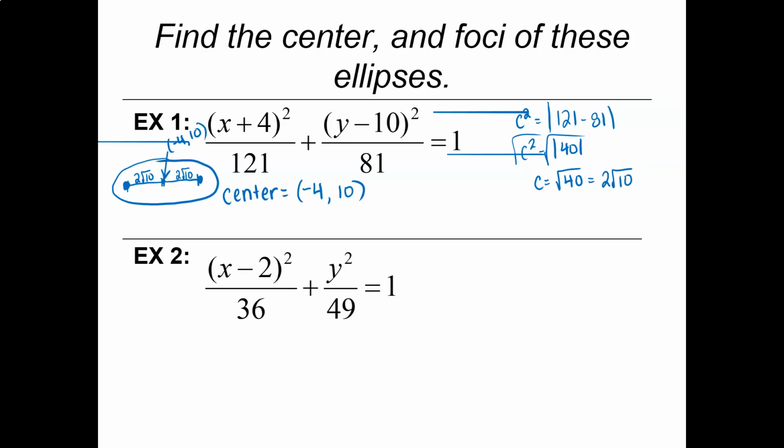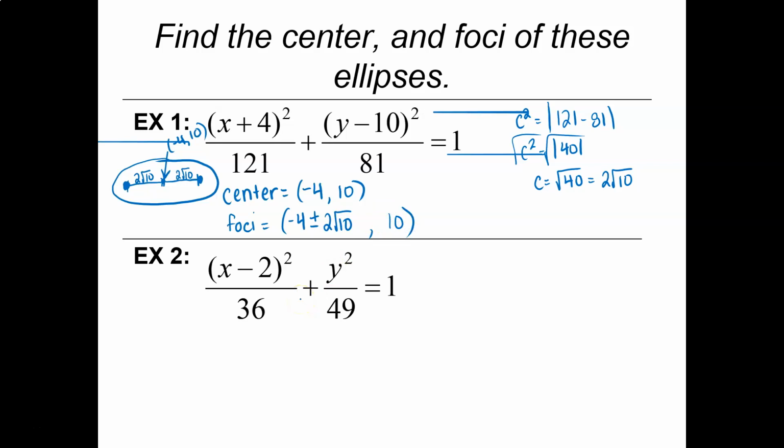Okay. All right, so if I'm moving to the left or right, which coordinate is that going to affect? X coordinate. So the way I can write my foci here is like this. I could say -4 plus or minus 2 root 10, and then just put comma 10.